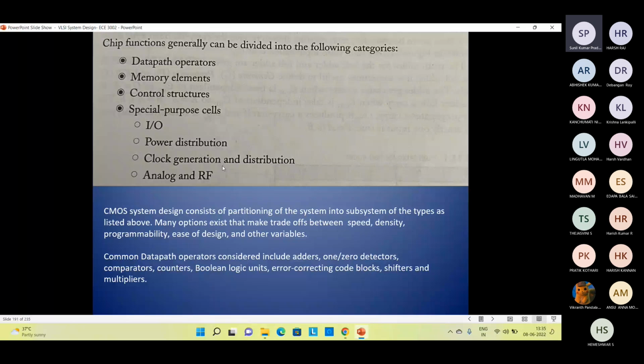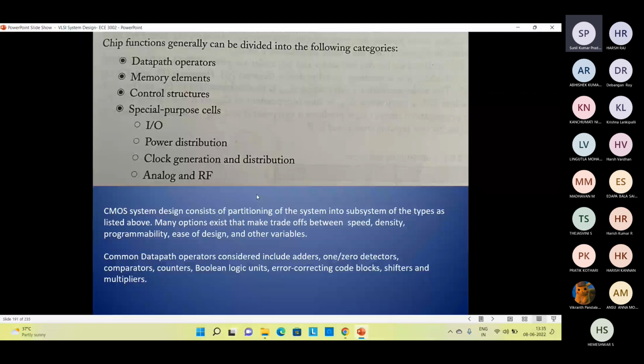I hope you can understand what these common data path operators are all about and how they are considered.